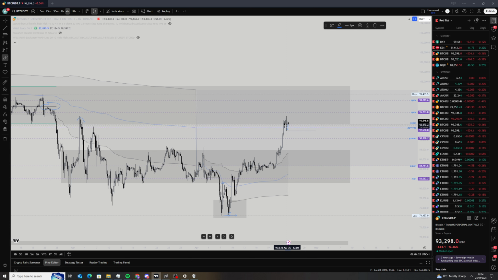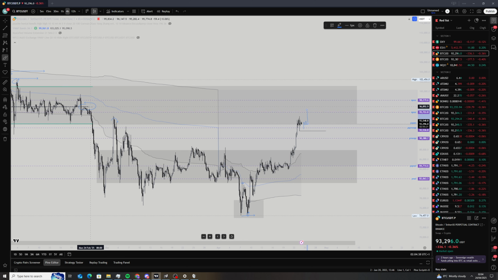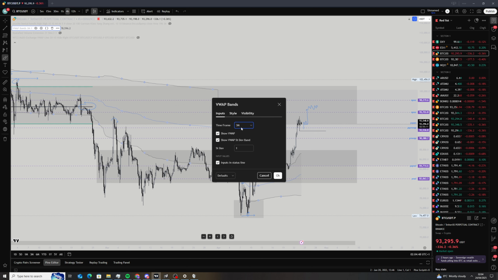Basically, take the wick here, and then if it does accept into this actual range here at 93K, I'd expect a rotation back up to the POC of that range here at 96K. And if 96K, I'd expect a little higher towards the yearly value area high here because it's not that far off.